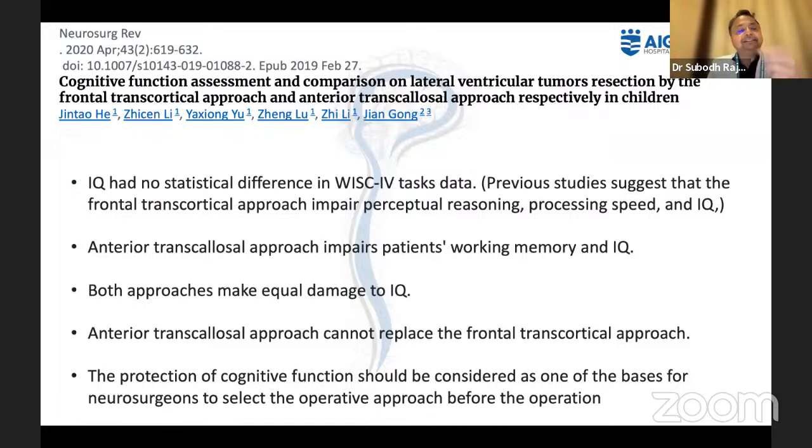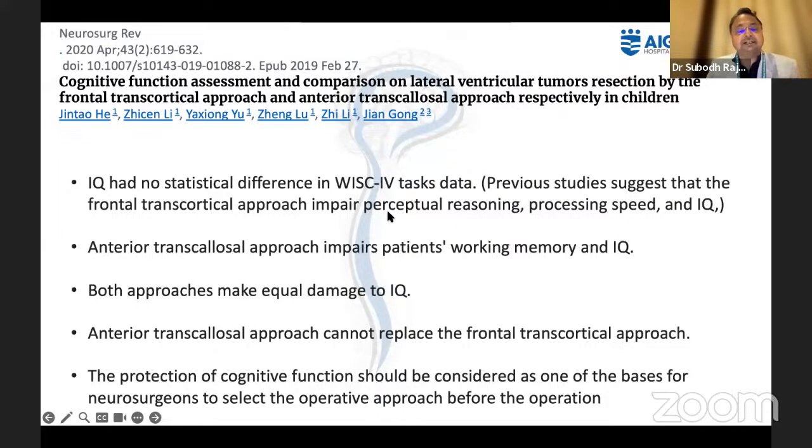So now comes the part, I think we were, if Dr. Vernon would have done this, then I would have told this. There's an interesting article, Cognitive Function Assessment and Comparison on Lateral Ventricle Tumors Dissection by the frontal transcortical approach and the anterior transcallosal approach, respectively, in children. It showed that IQ had no statistical difference in the task data, because previous studies say that whenever you go for a transcortical approach, it impairs perceptual reasoning, processing speed and IQ.